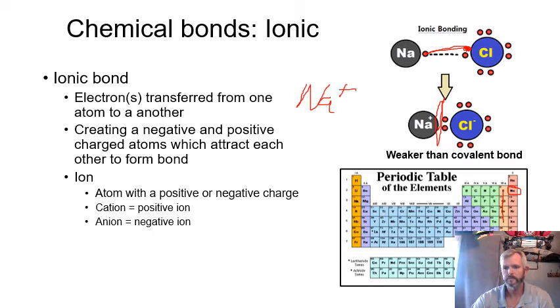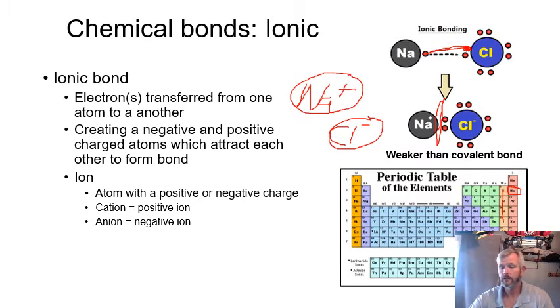And chloride, since it's taken an electron, will have a negative charge. And this creates what we call ions. Okay, molecules that make up an ionic bond break. All right, you put them in water, they do what we call ionize, split apart. The positive ion, the sodium one, is called a cation. Chloride, which is a negative ion, is an anion.